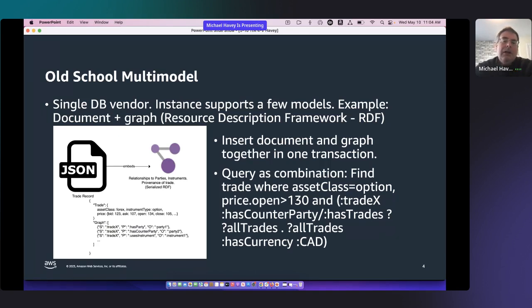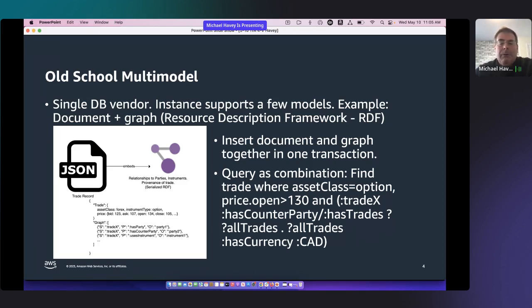And since both of these exist within the same instance, we can actually insert both types of data together in one transaction. So we have a combined write. We also have the ability to query in combination. So we could query the JSON aspects of the data as well as the graph together in one shot.